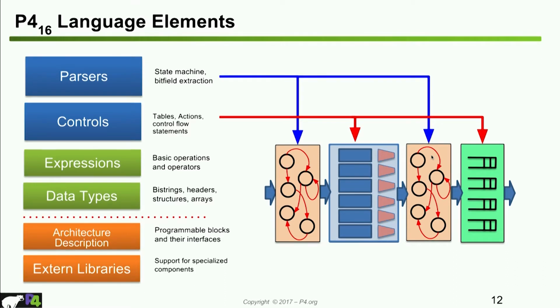As I just presented on the previous slide, this PISA architecture is one particular configuration of programmable parsers, match action pipelines and deparsers. The vendor also provides this library of extern functions.